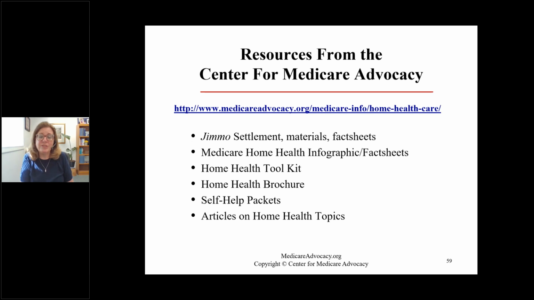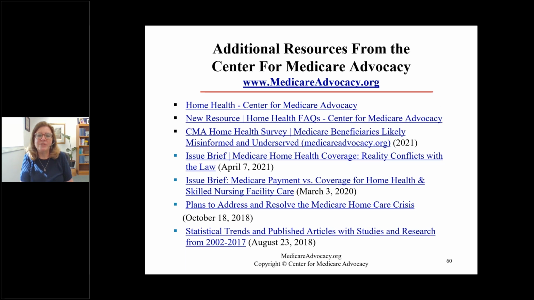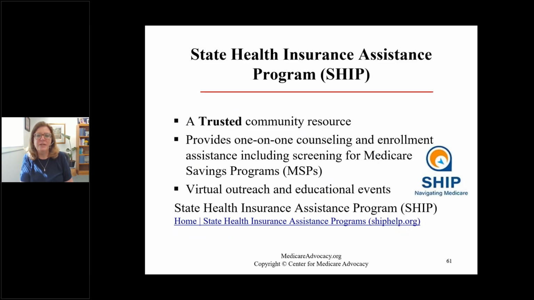The next few slides are just more information. We have a lot of research and writing that we've done on our website under home health. And there's a number of studies and further documentation.